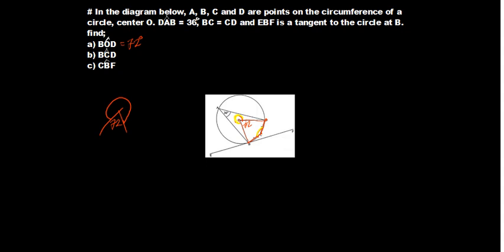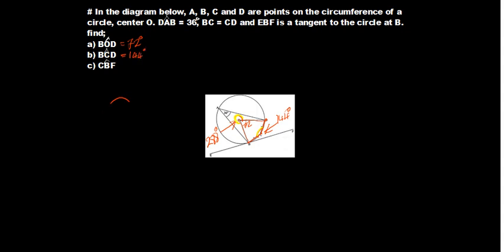So the angle that is there is 288 degrees. So the angle that you're looking for is half of 288, so just divide by 2. What you're going to get is 144 degrees. So that is our BCD, 144 degrees.